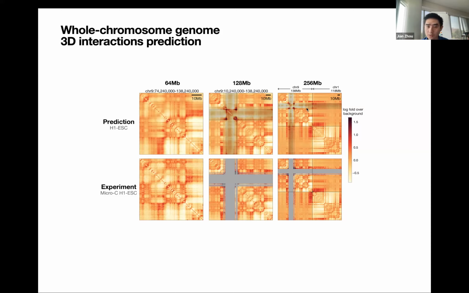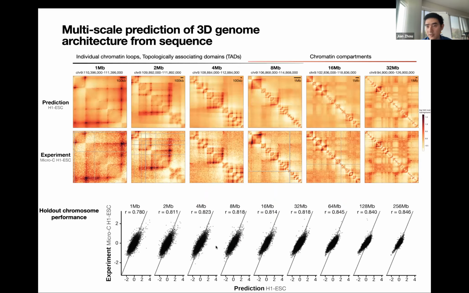And we are also allowing the prediction of interchromosomal interactions at those larger scales. So if we evaluate the prediction performance quantitatively by comparing all of our predictions with experiment and compute the Pearson correlation, we see a rather consistent correlation across different spatial scales.